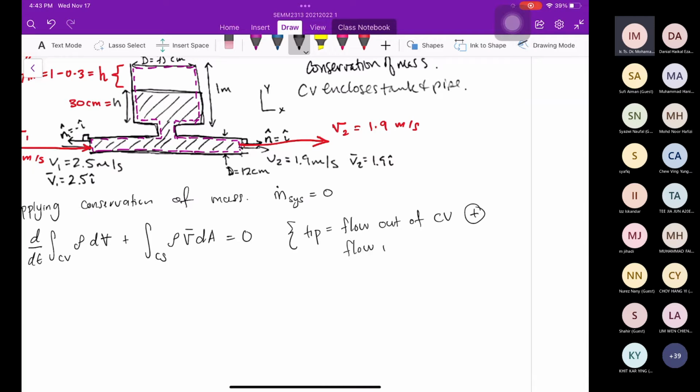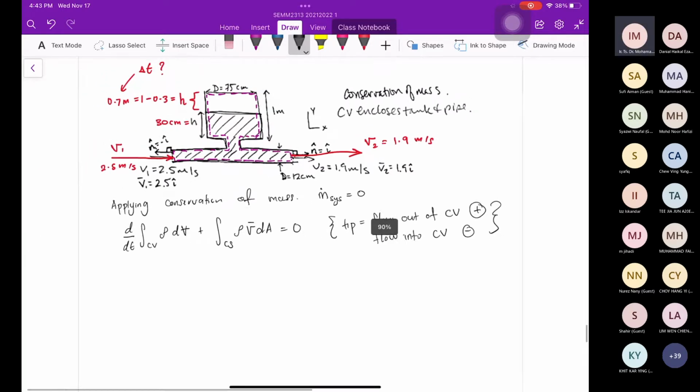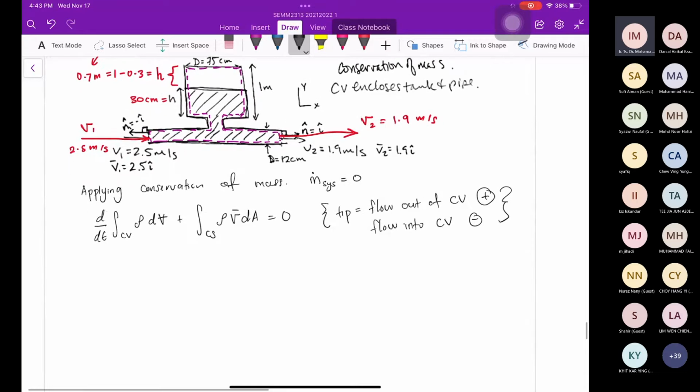Flow into the control volume is a negative symbol. So start with the differentiation, d over dt of the integral over the control volume.